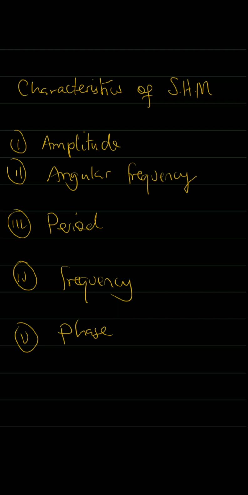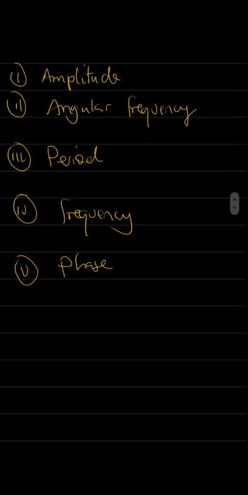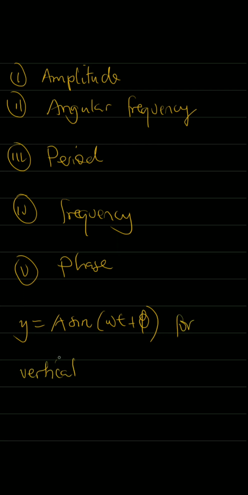Before that, let us acknowledge the equation of displacement. So y is equal to A sine of open angular frequency t plus the phase. This is for vertical simple harmonic motions.